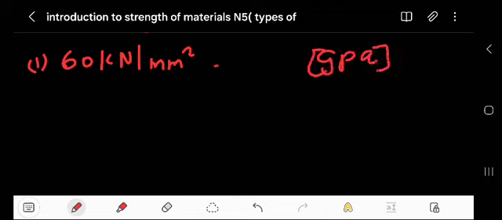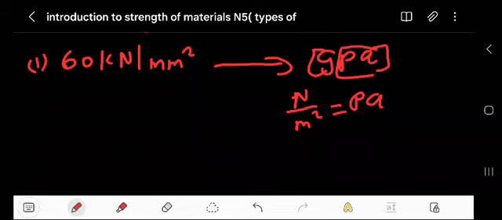I want us to go there. So you must know your maths. I said you know that if Newton per meter squared is simply Pascal, we will be only that Pascal. Now what about giga? Giga we know is 10 to the power of 9.